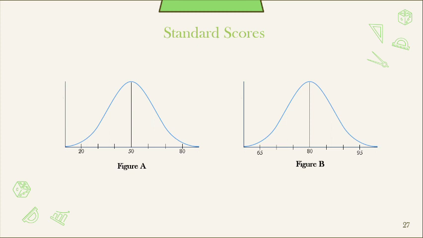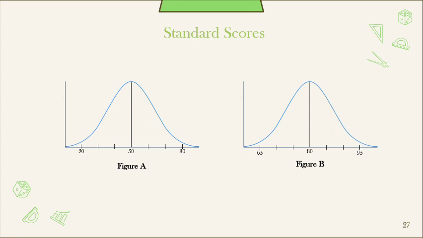So the shape of the two score distributions above is the same, magkapareho lang, pero this means that the means and the standard deviations are different. This happens because the ranges of the scores from figure A differ from figure B. In this case, the scores in those figures cannot be compared because they belong to two different groups.